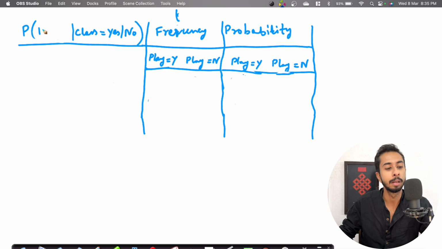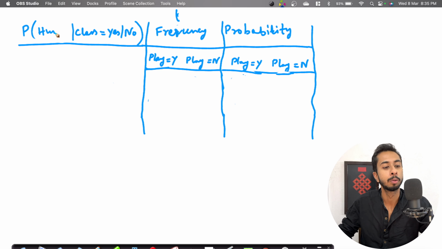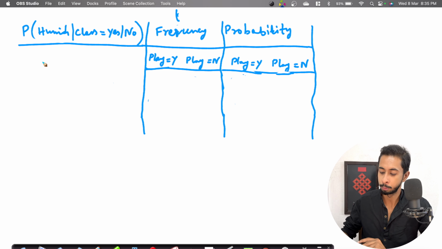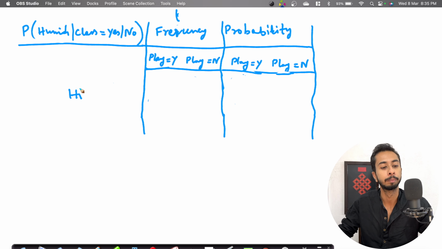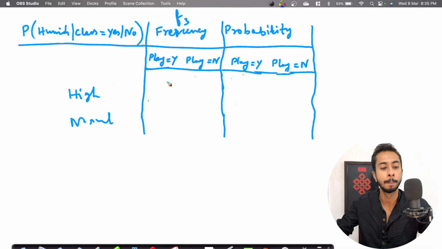So next is, I think, humidity. So let's do it for humidity. What are the values? The values are high and normal. So this is for F3. And what are the values? Values are 3, 6, 4, 1.